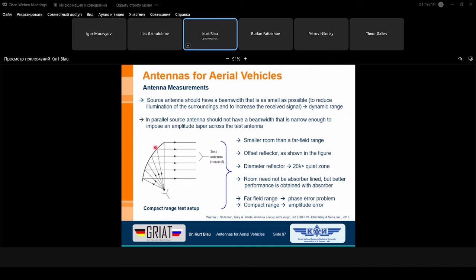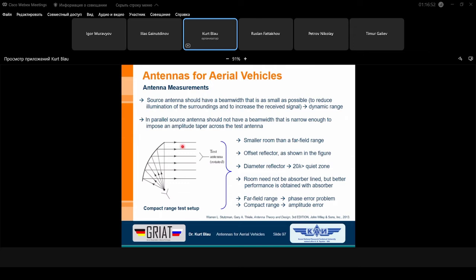It's not so easy to realize, but at least it has the advantage that you are completely independent of weather and all these influences what you have in nature. And also with this technique you can reduce the necessary measurement distance to ensure the far field condition.